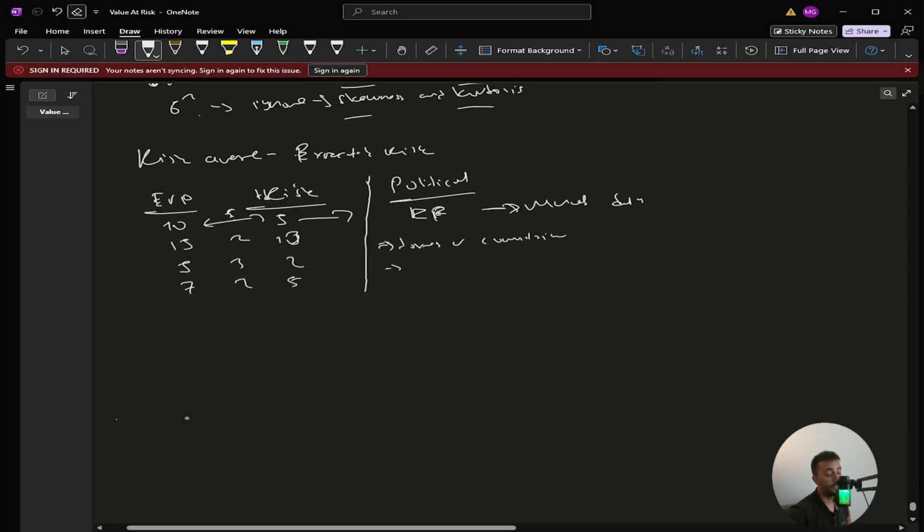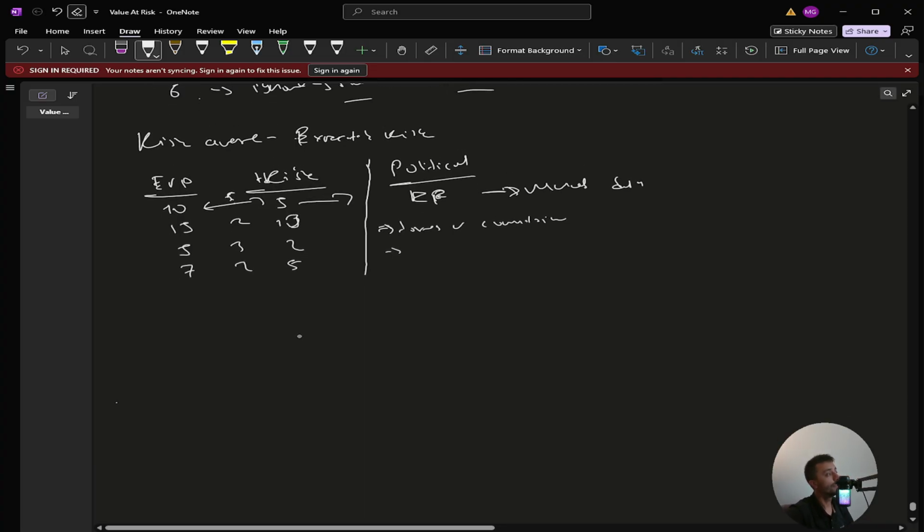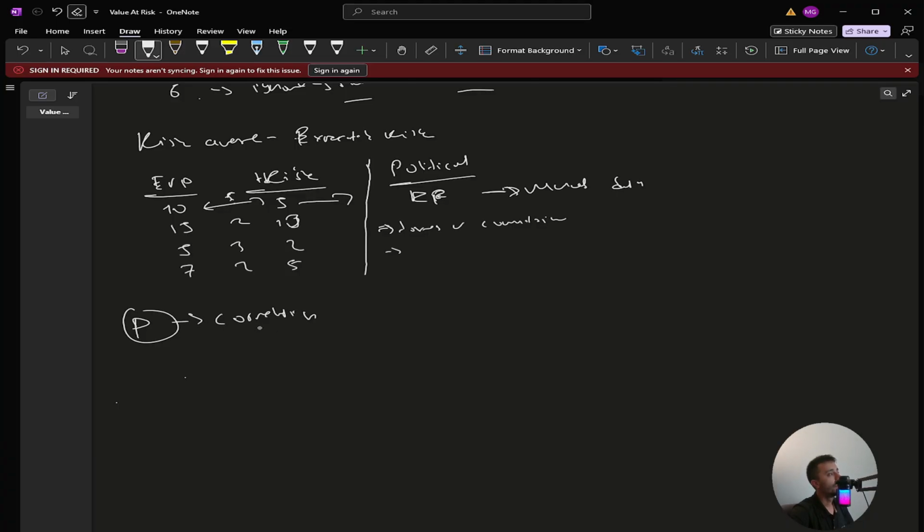For a given level of target return, this can be achieved by investing in multiple assets which are not perfectly correlated with each other, and whose correlation coefficient rho is less than 1. What does that mean? The correlation coefficient rho should be less than 1.